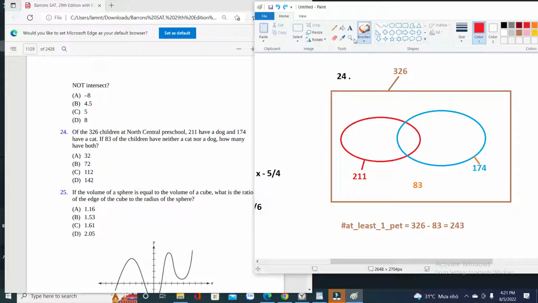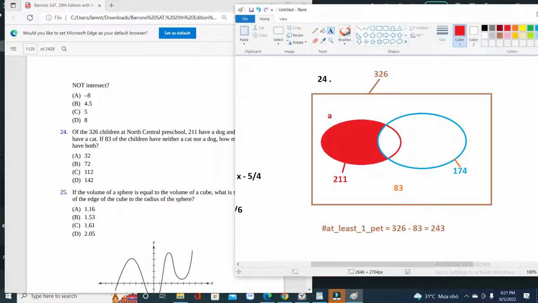I'm going to denote it by red color, so let's call this part A. And let's call this blue part B. We call A the section of students who only have dogs, and blue is the section of students who only have cats.